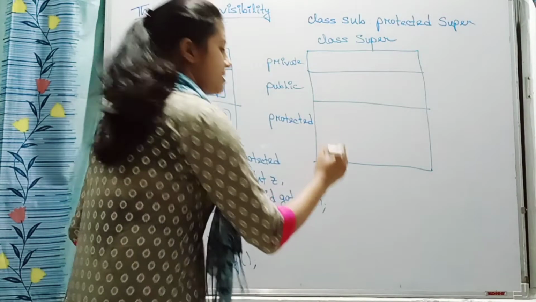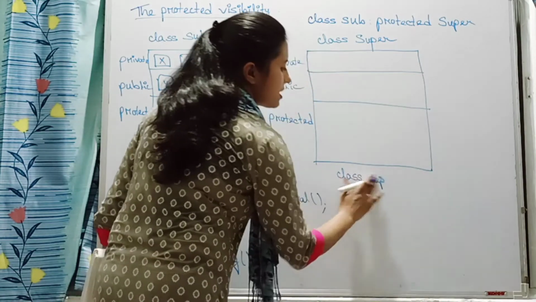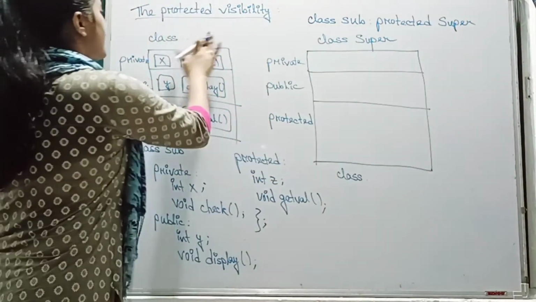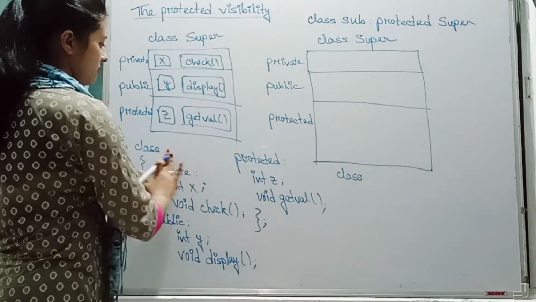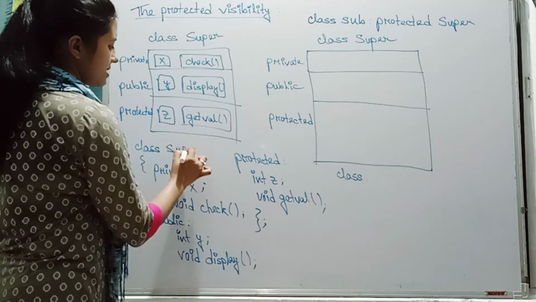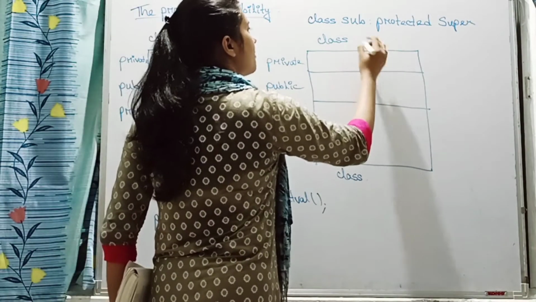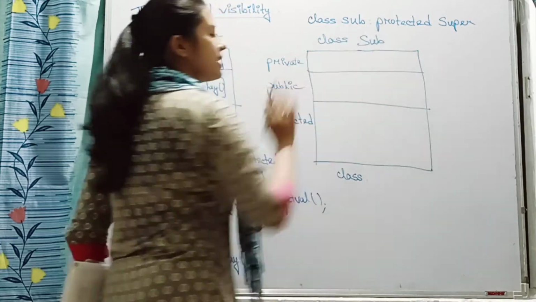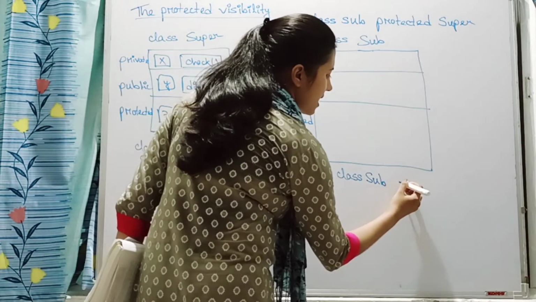Now let us define the class sub. This was the class super, our base class. And this sub is our derived class. Okay. So class sub, how we will define?